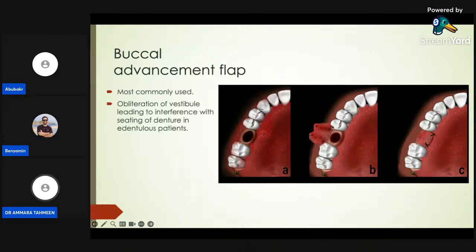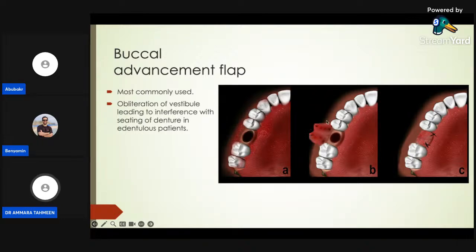Once you have released the flap, you have to do mucoperiosteal dissection so as to decrease the tension of the flap. When you bring this flap to close with the palatal margins of the defect, it should close without tension.